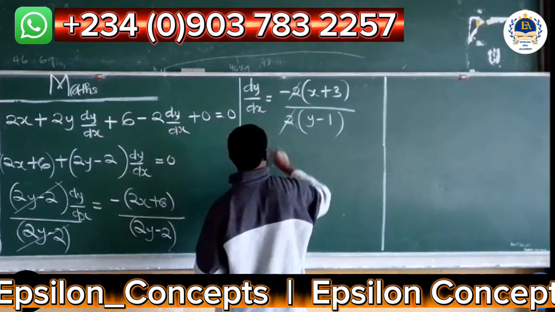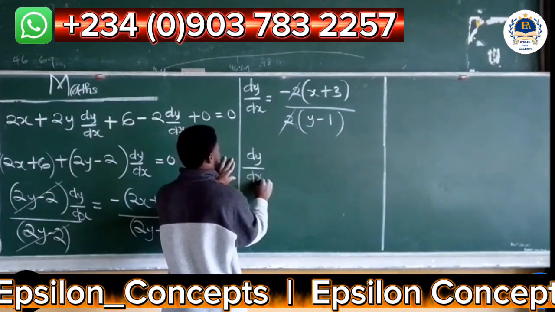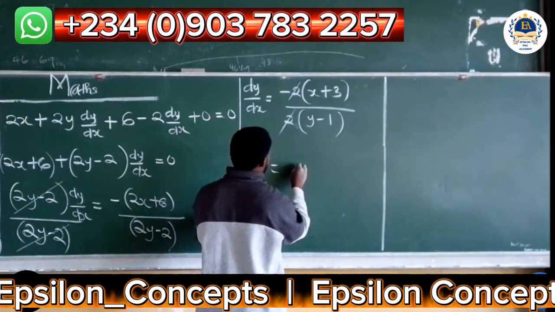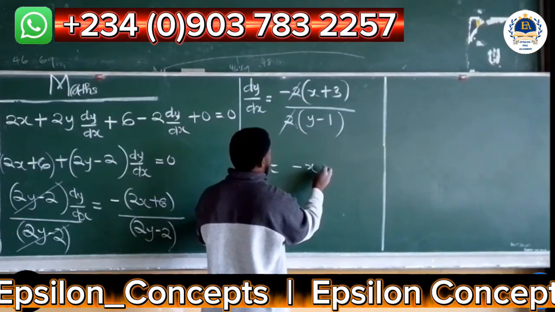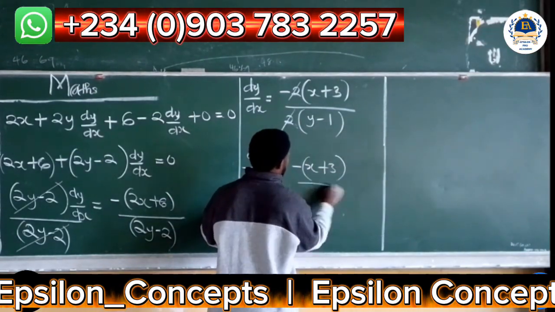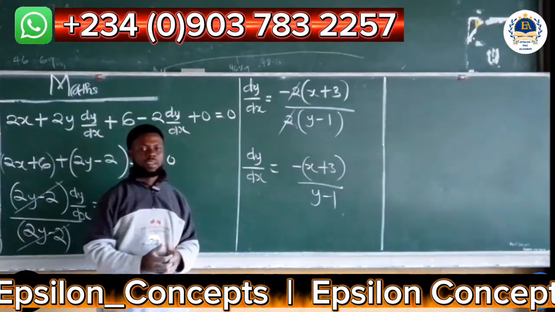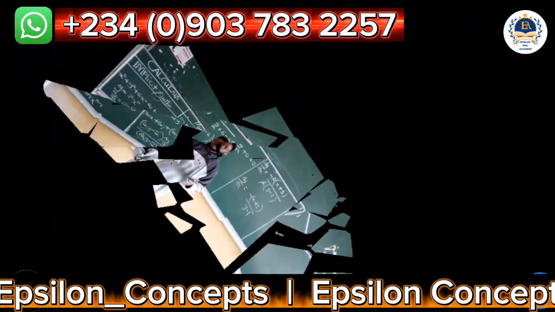So this and this go away, and dy over dx will equal minus x plus 3 over y minus 1. And this becomes its final solution. That is how simple it is.